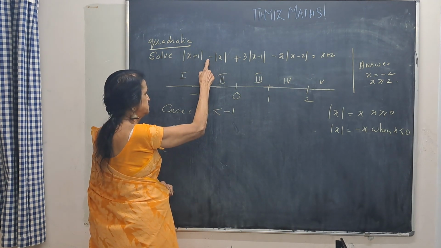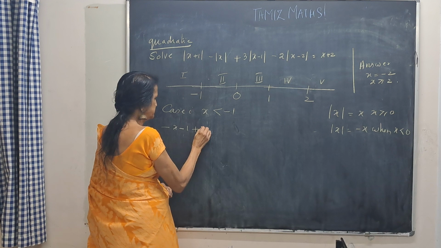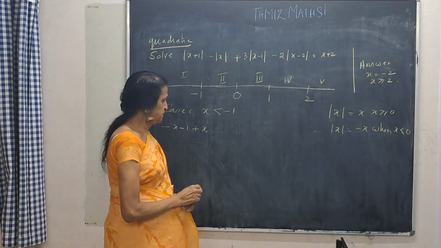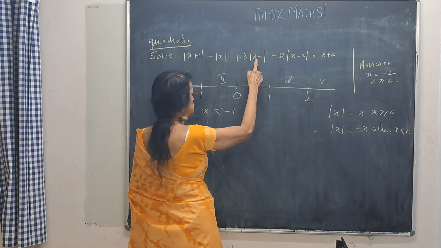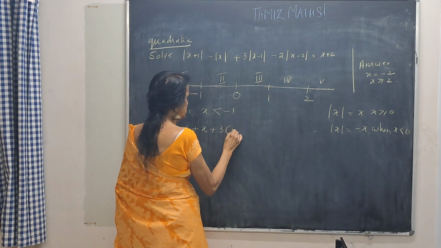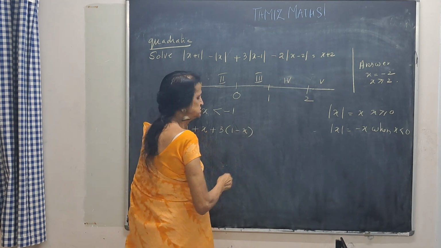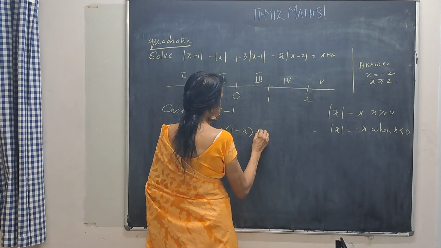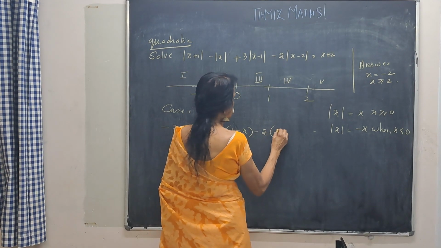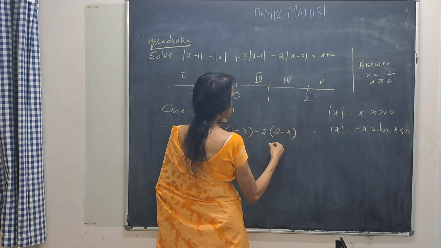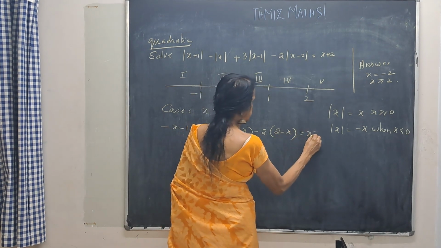With this minus, it will become plus, because mod x is minus x when x is negative. This also will be negative. So it is plus 3 into 1 minus x. This also will be negative. So minus 2 into 2 minus x, that is equal to x plus 2.